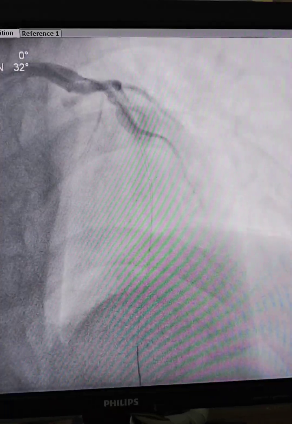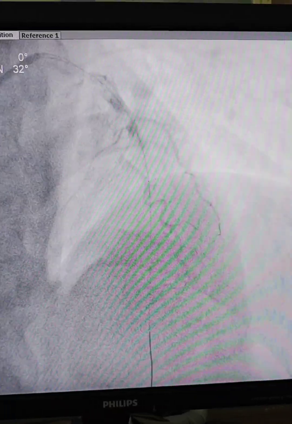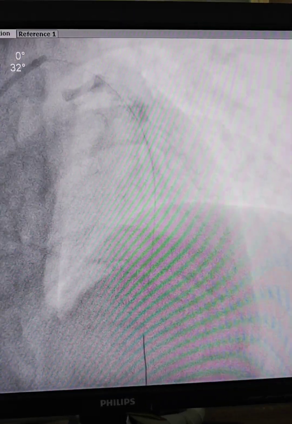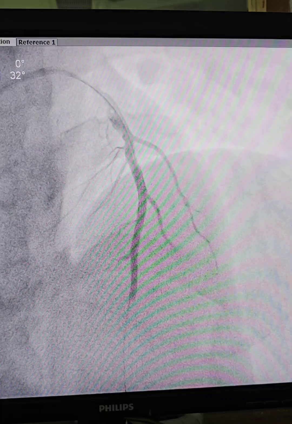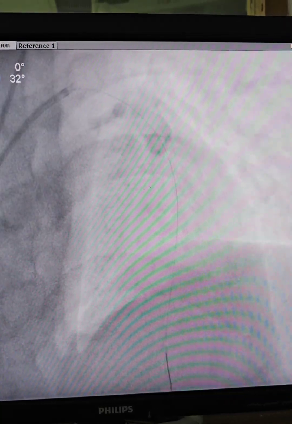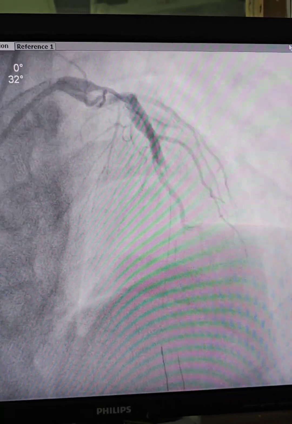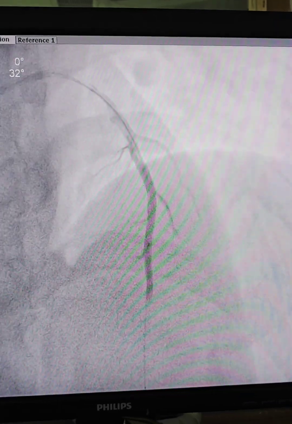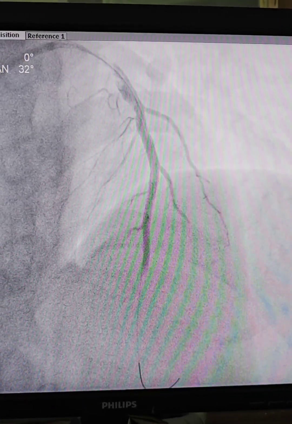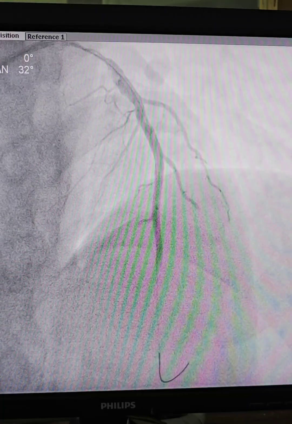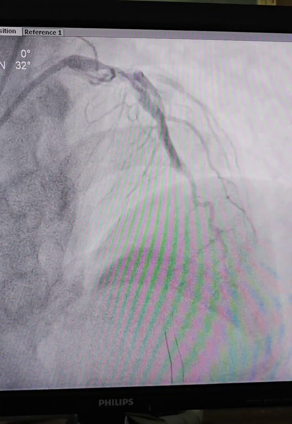Despite 8 to 10 rounds of thrombus aspiration and balloon dilatation, we could not achieve the flow. In the meanwhile, we also gave intracoronary tirofiban and vasodilators like nitroglycerin, nicorandil and adenosine. Initially we could achieve transient flow in the distal left anterior descending artery, but immediately again there was no flow.